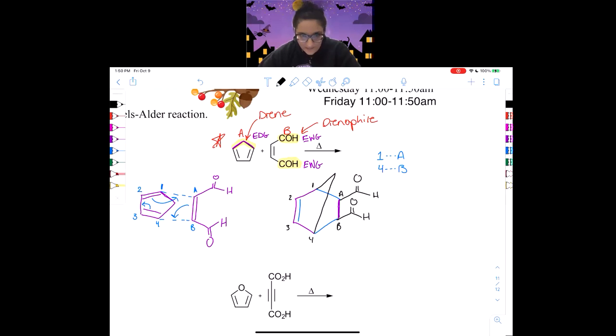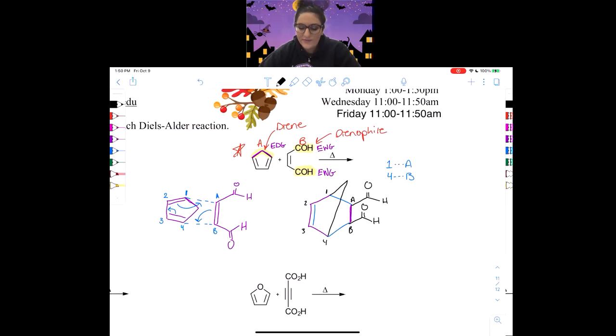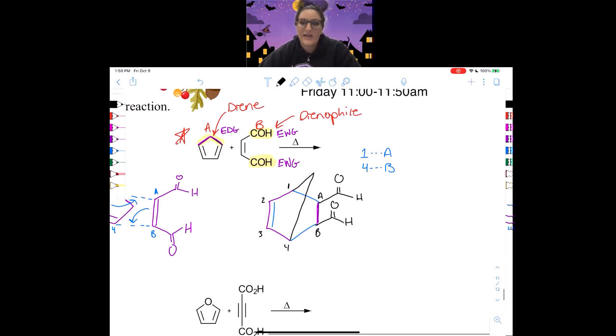So what we have to deal with now is how this versus these substituents are oriented. We already said that this was an S-cis conformation, good to go.